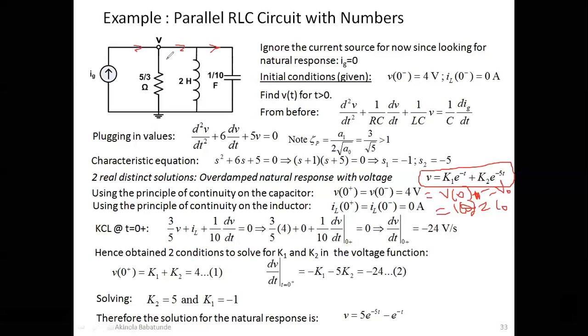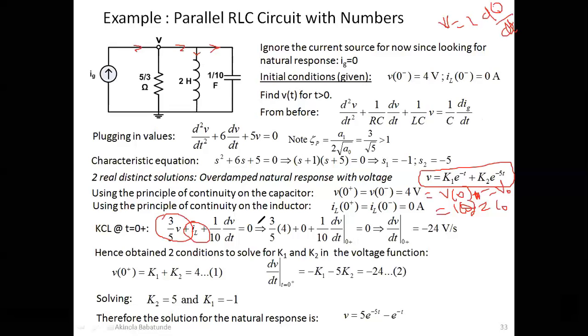Current leaving this node, if you take KCL, will be I equal to V over R. Our V is here, that is how we got V here. Over R, our R is 5 over 3. So you have V divided by 5 over 3, and that would mean 3V over 5. That is how they got this 3V over 5 here.